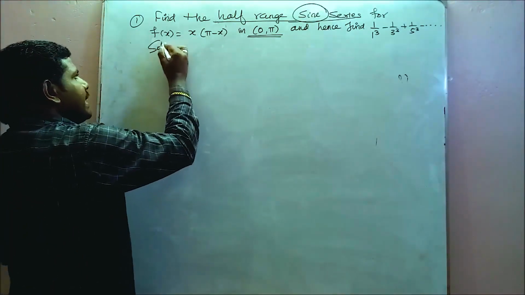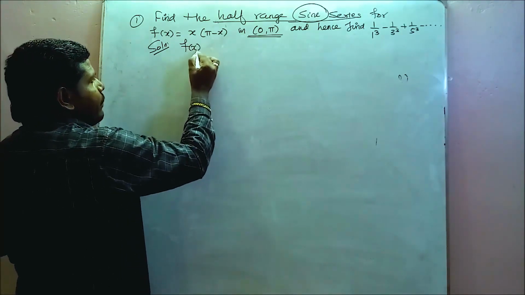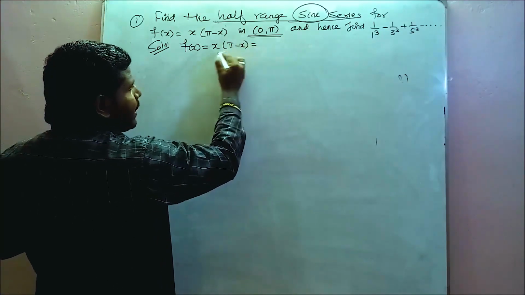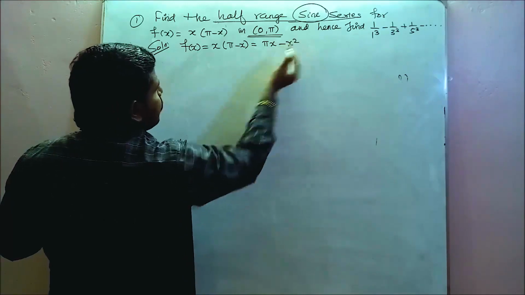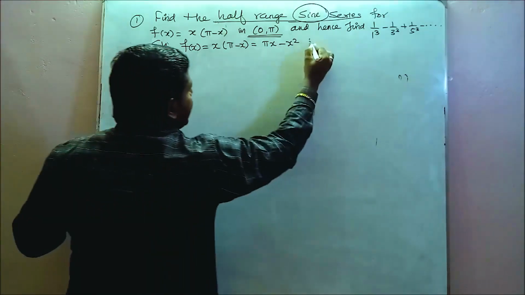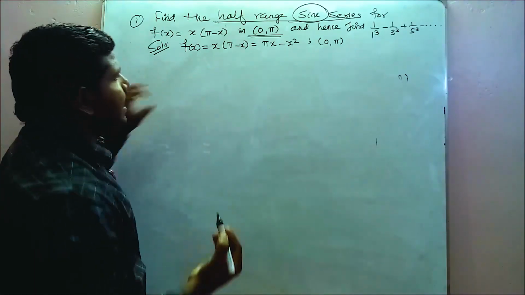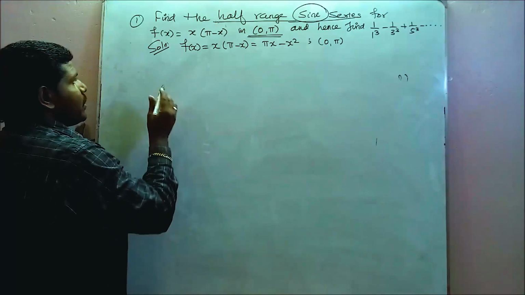First, take the given question: f of x equals x into pi minus x. Multiplying x inside the bracket, it is pi x minus x square. This is f of x, and the range is 0 comma pi. The question asks for the half range sine series, so immediately we can write the formula.